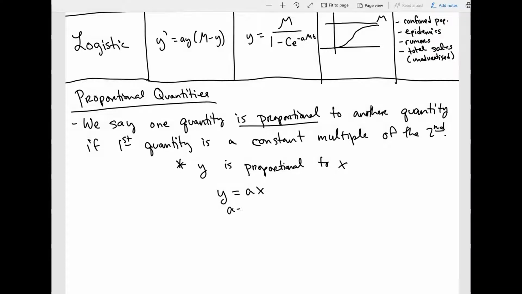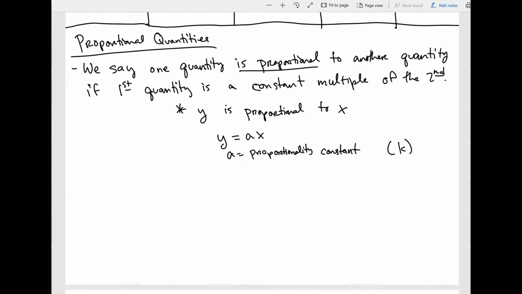Here a is what we're going to call the proportionality constant. In algebra, you usually maybe have seen k, so it doesn't really matter. That's basically what it means to be proportional.